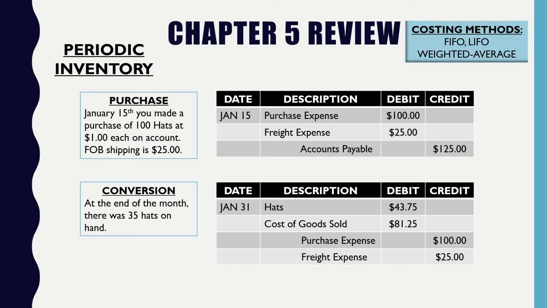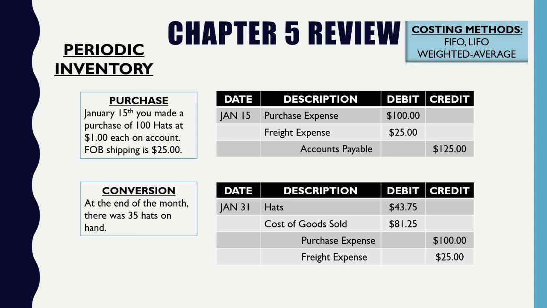Okay, so here we are, a little chapter review once again. When we recognize our periodic inventory, we need to journalize it as an expense, so we have a purchase expense, freight expense, and however you paid for it. Once we reach the end of the given period, we take a physical count.